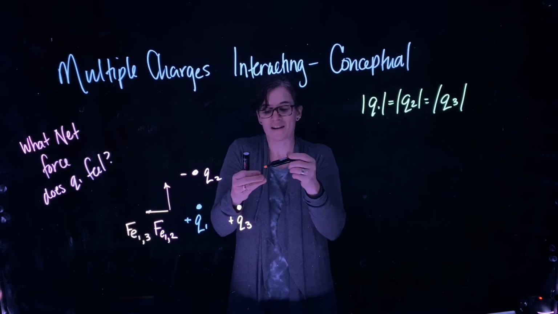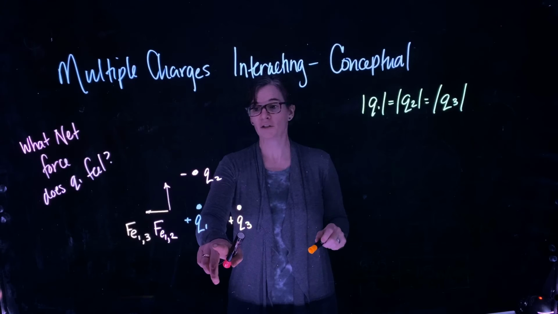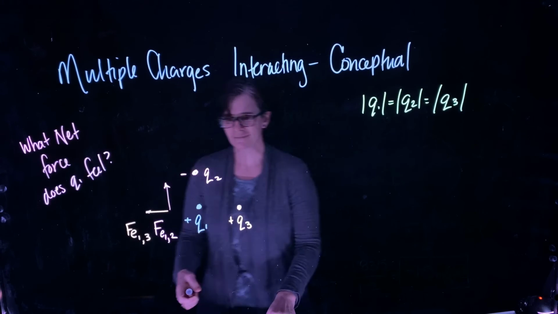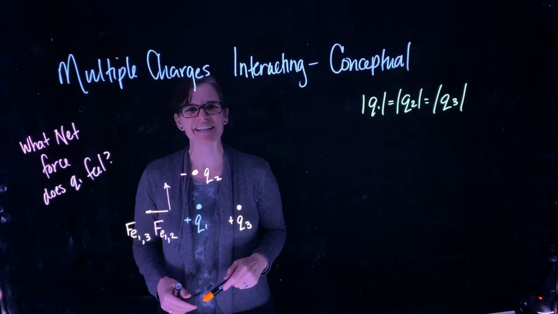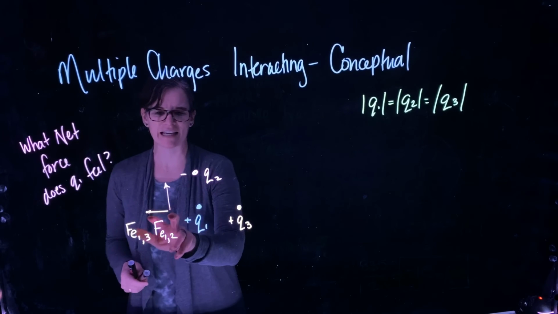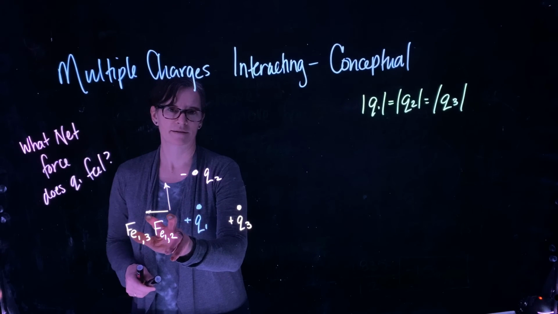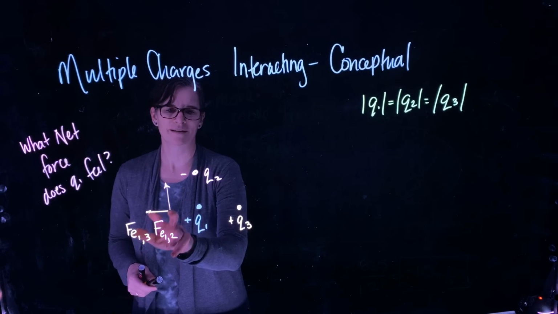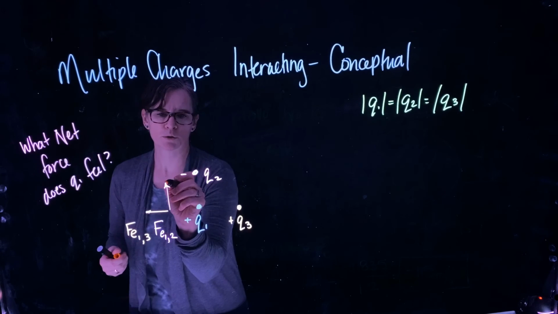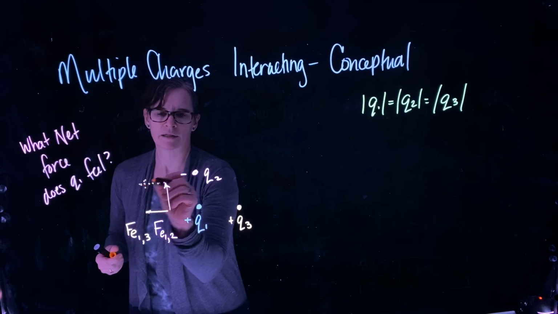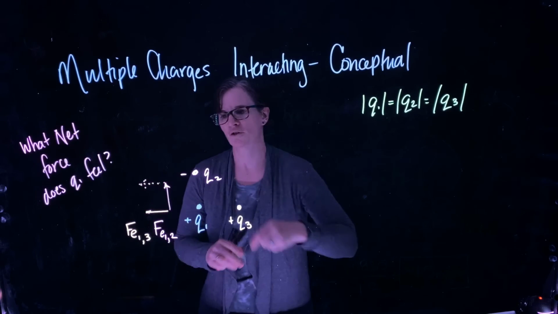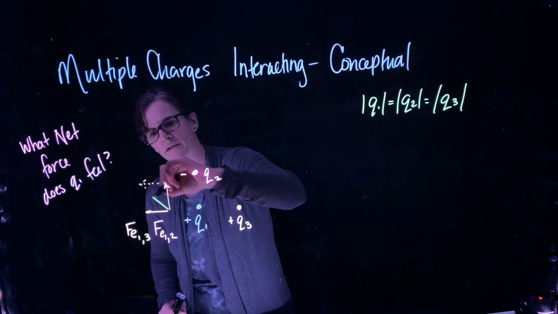So what is our net force acting on Q1? Well, we can do this vector addition graphically. I take my electric force by 3 on 1, kind of shift it up there, and then I can draw the resultant force.